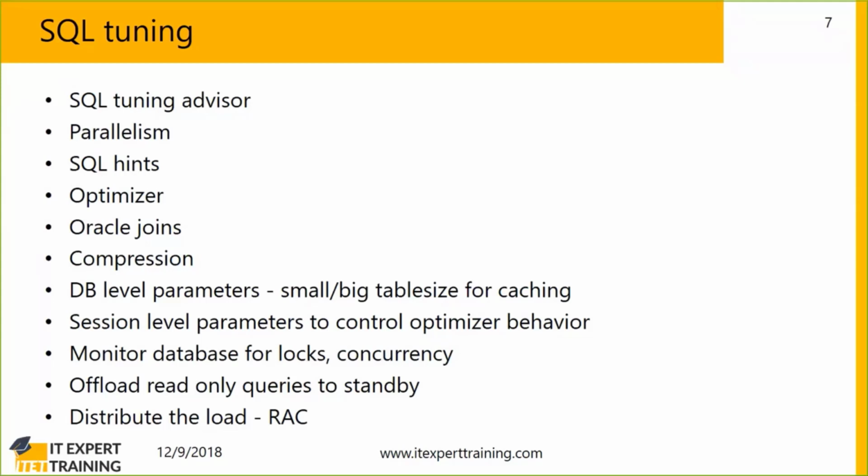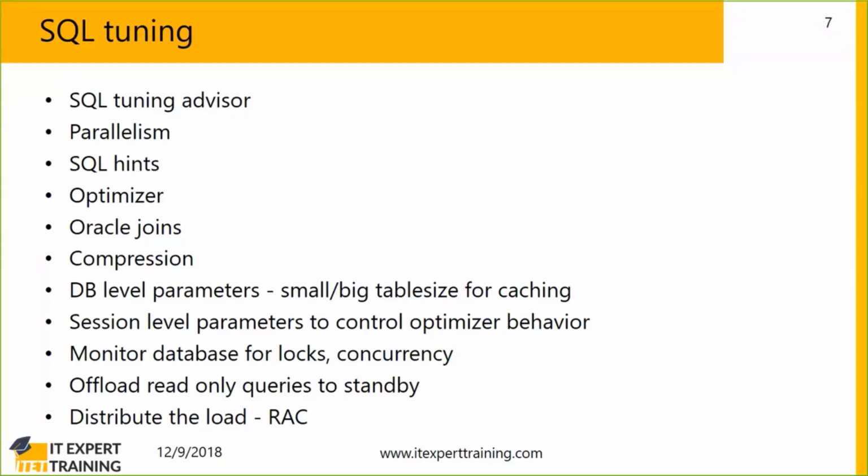And then the optimizer, which gives the SQL responses. The entire SQL behavior is based on the optimizer settings, starting from 8i, 9i, 10g, 11g, 12c, all based on Oracle optimizer settings. There are a number of optimizers, but we really need to focus on some 5 or 6, which we'll discuss in detail in later slides.